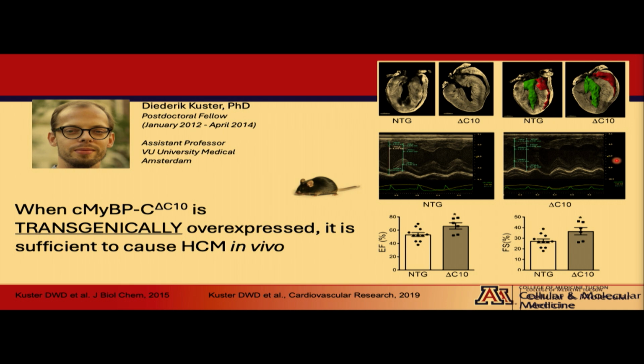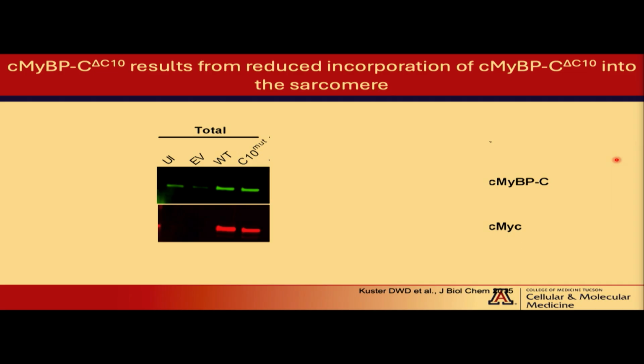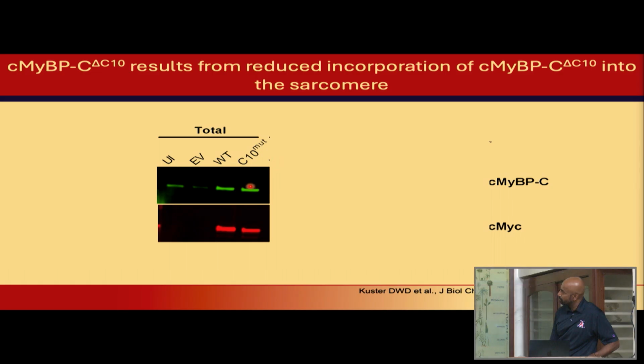We had 2 papers, one in Journal of Biological Chemistry, another in Cardiovascular Research, that talked about the pathogenicity of this variant. For example, here, we express the wild type protein and the mutant protein. Here we have a control.